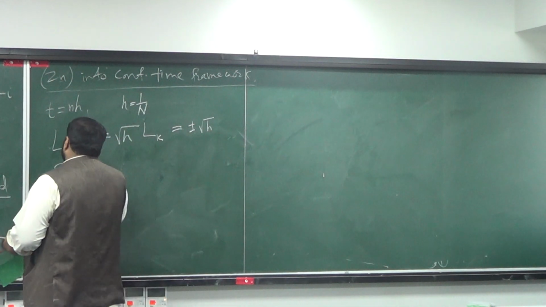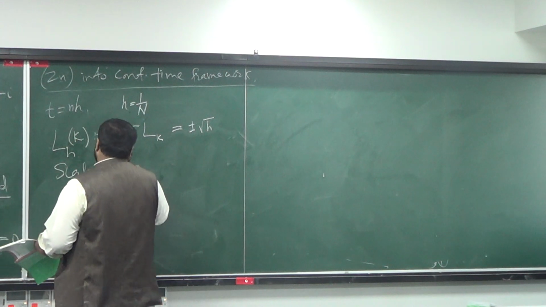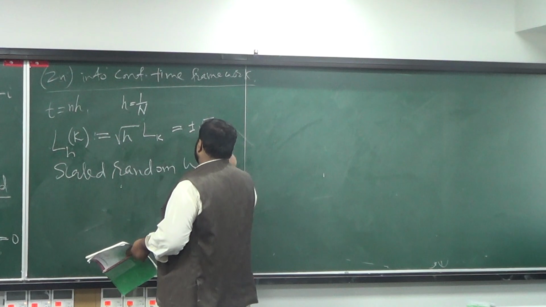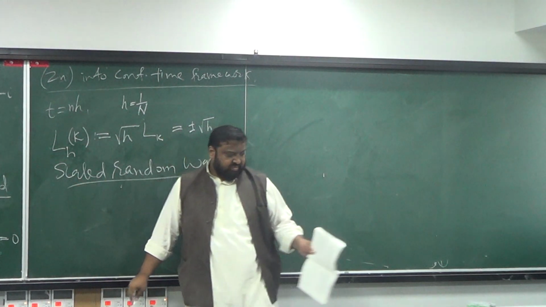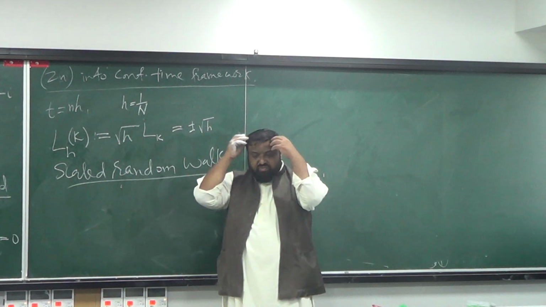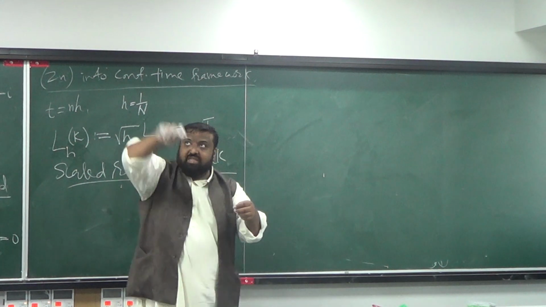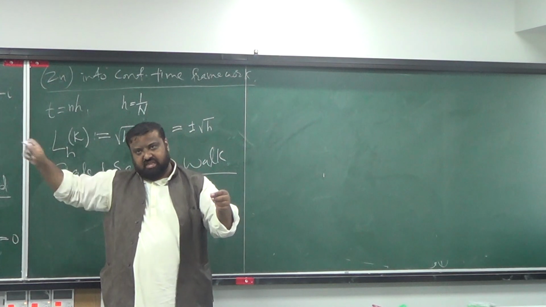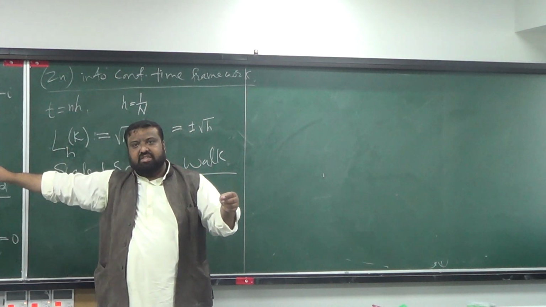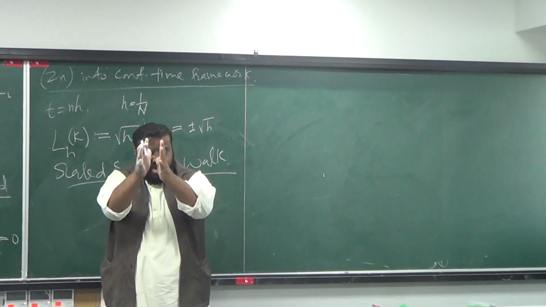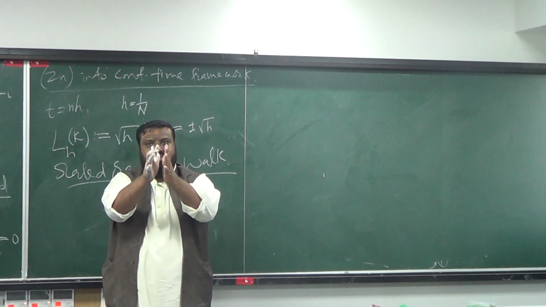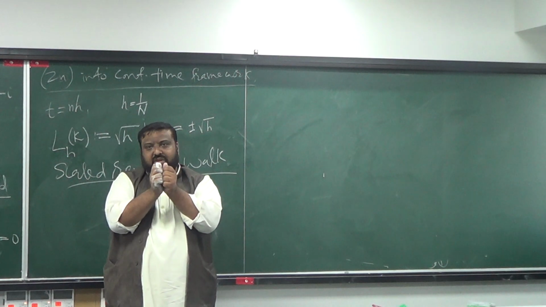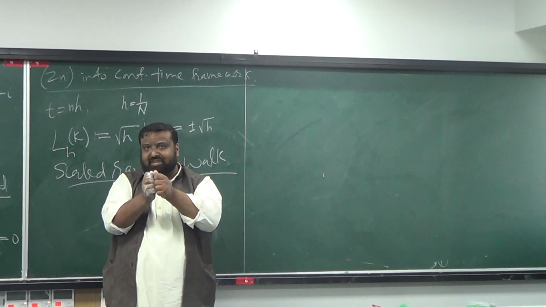So now I would like to define the scaled random walk. If you want to visualize it, you have this macro random walk happening at discrete instants. I want to scale it down. Think about a fractal in your head.